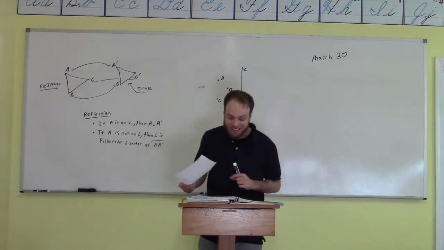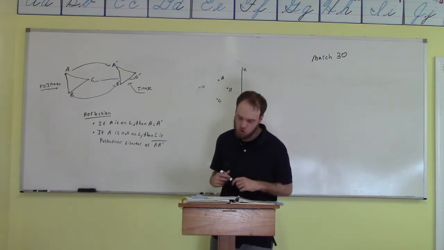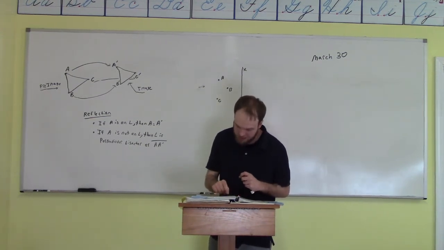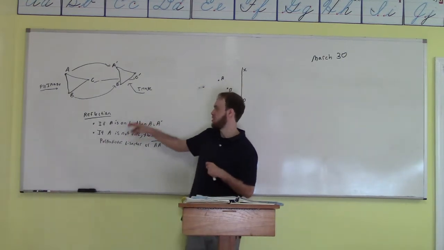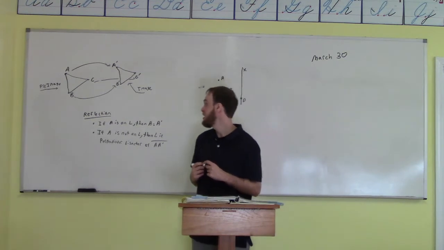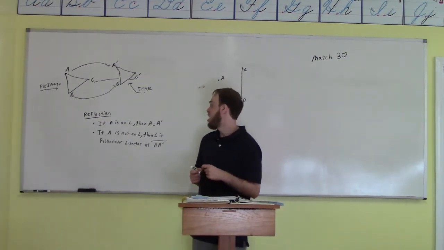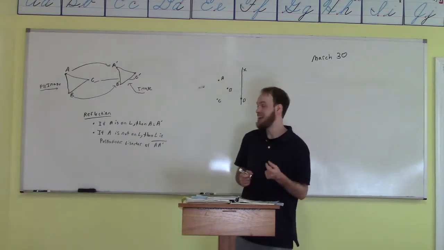Today's lesson in particular is going to be on reflections. If you look at page 501, you'll see the little box definition of a reflection, which is written here towards the left on the board. It says a reflection has two basic properties. If A is on line L, then A equals A prime.